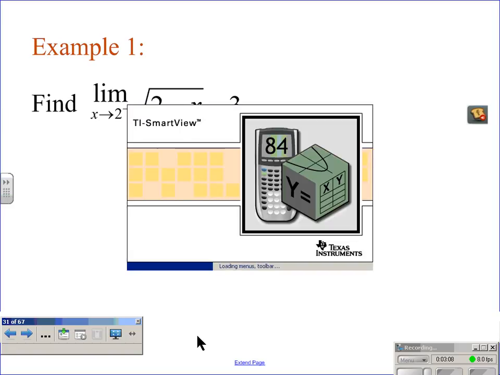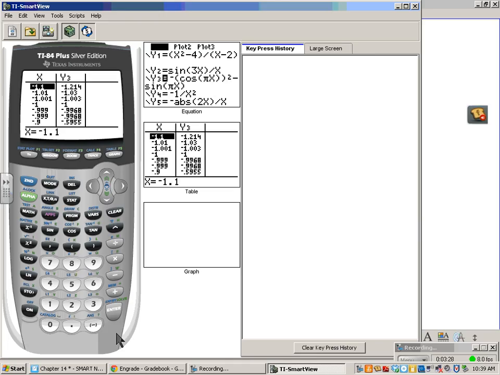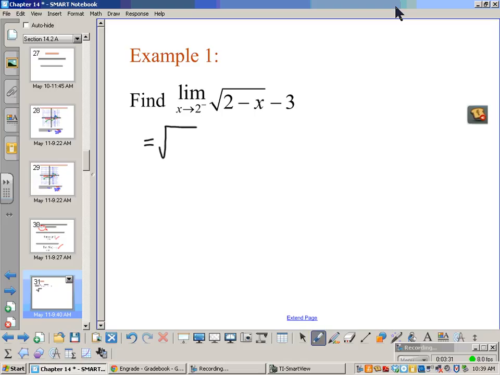With the properties, we could rewrite this as the square root of the limit. This is the properties of limits that's going to allow me to do this.